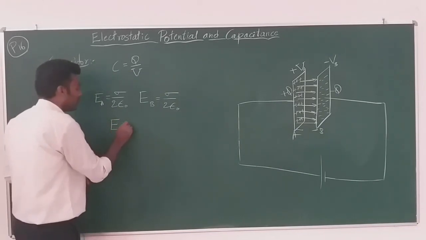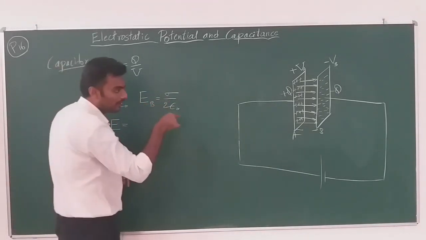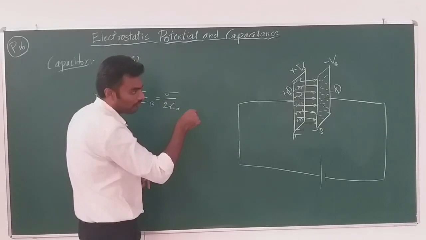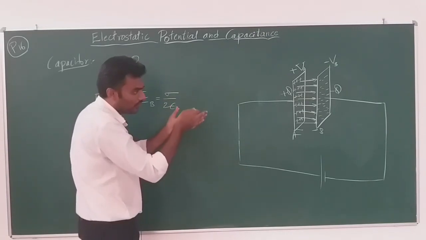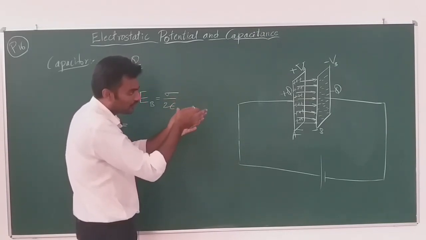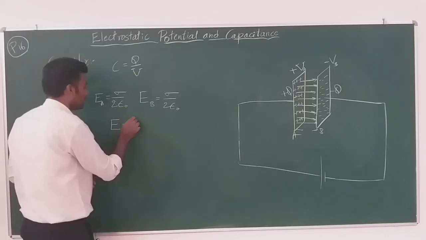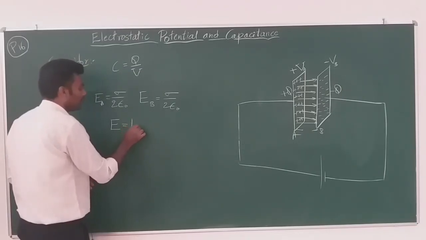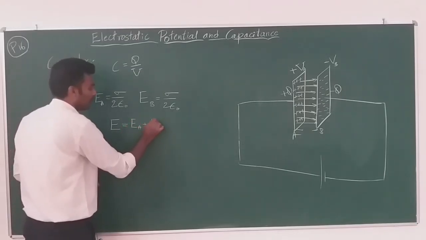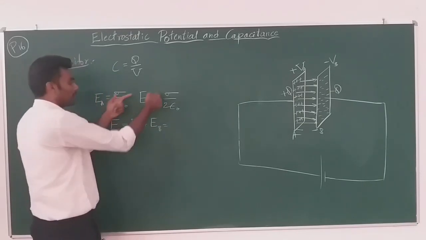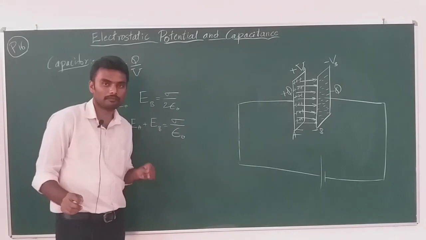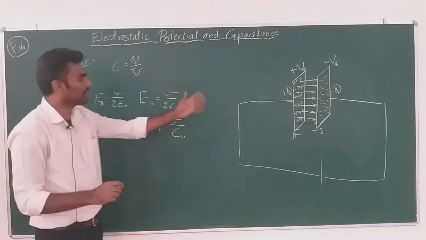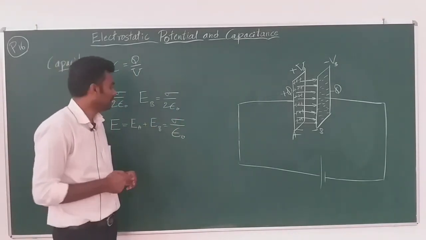So the net electric field in the space of separation between the plates, E is equal to EA plus EB, which is equal to sigma by 2 epsilon naught plus sigma by 2 epsilon naught, which simply becomes sigma by epsilon naught. Agree? So now you have the expression for electric field inside the plates.